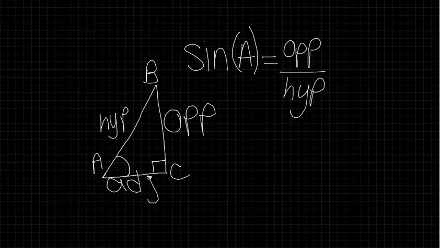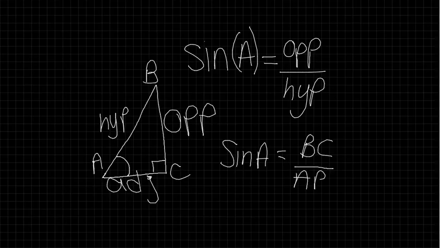So this is our ratio. It's always going to be the opposite side length over the hypotenuse, no matter which angle we look at. But for this case, we have angle A. So for this triangle, our side lengths would be BC over AB. That would be our ratio for this triangle when finding sine of A.